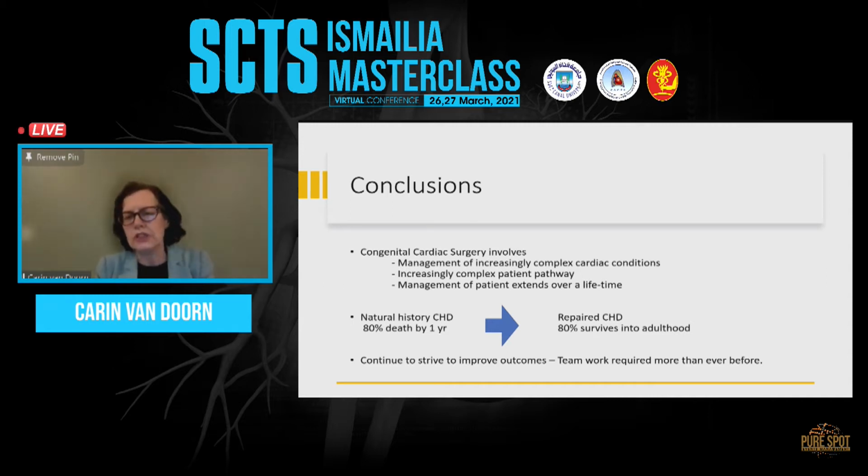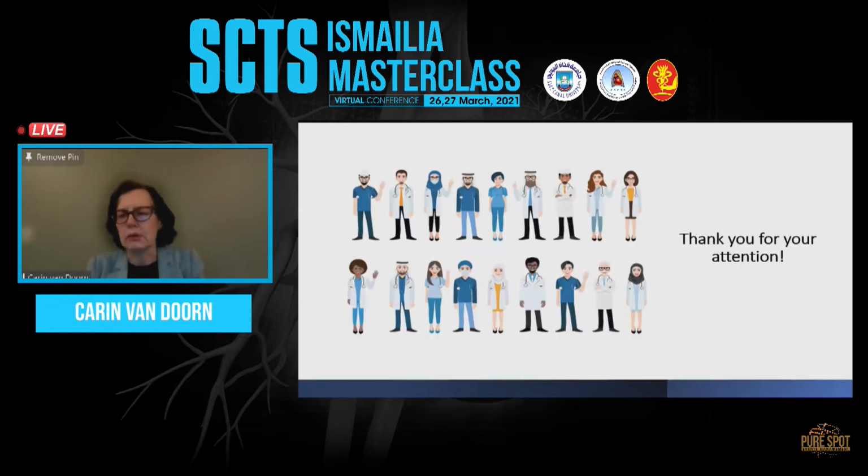But it is still only 80%, and a lot of these patients will continue to need further interventions. So we need to continue to strive to improve outcomes, and teamwork is therefore required more than ever to achieve this. Thank you very much.